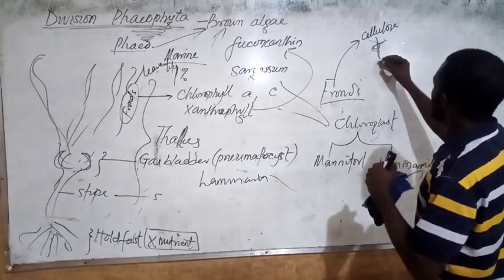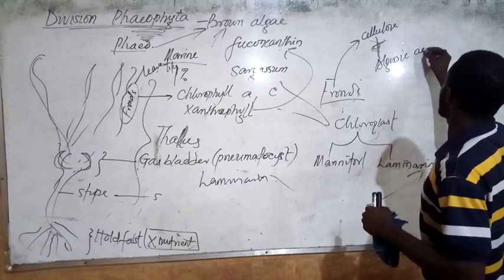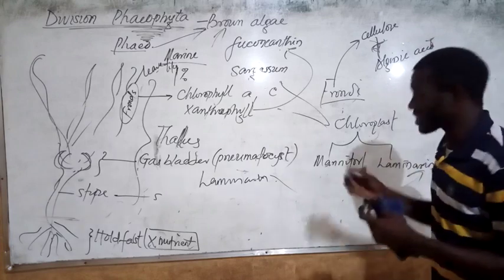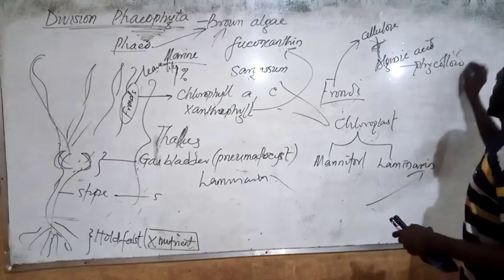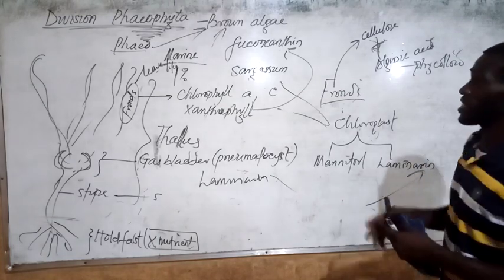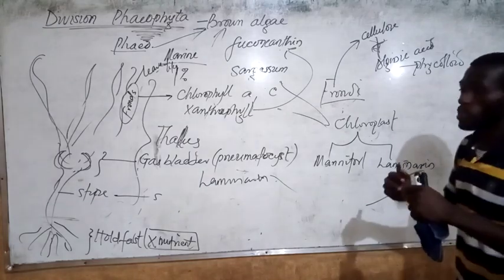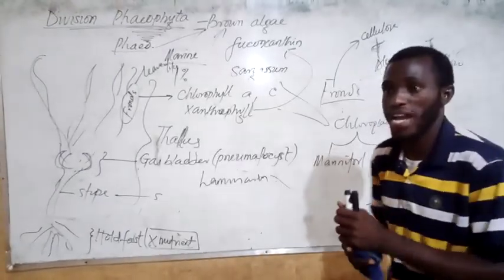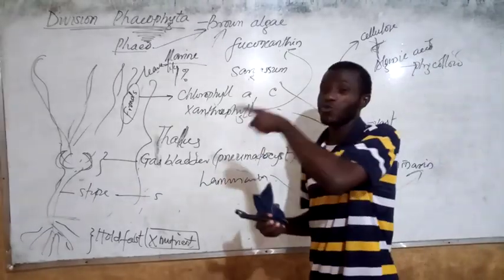Those are alginates or alginic acid. This alginic acid is a phycocolloid, you remember? Phycocolloid, like we discussed in carrageenan in red algae. So it's also a phycocolloid that helps the plant to be firm when waves beat the plant, so it doesn't allow it to break.